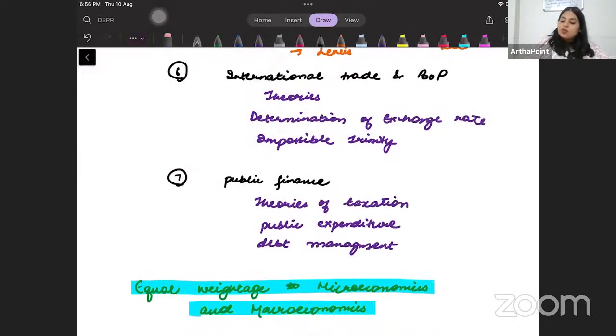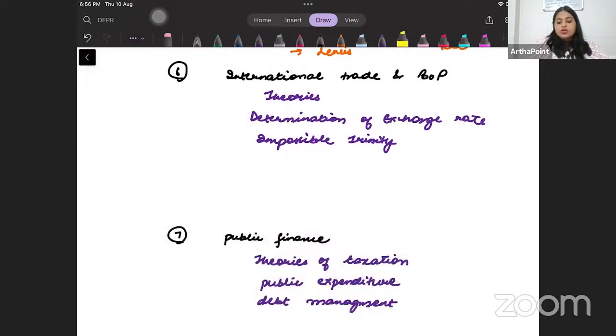The next thing that I want to talk about is international trade. So when it comes to international trade, all theories, beta. When we talk about theory, Ricardian theory, what is the theory of comparative advantage, absolute advantage.